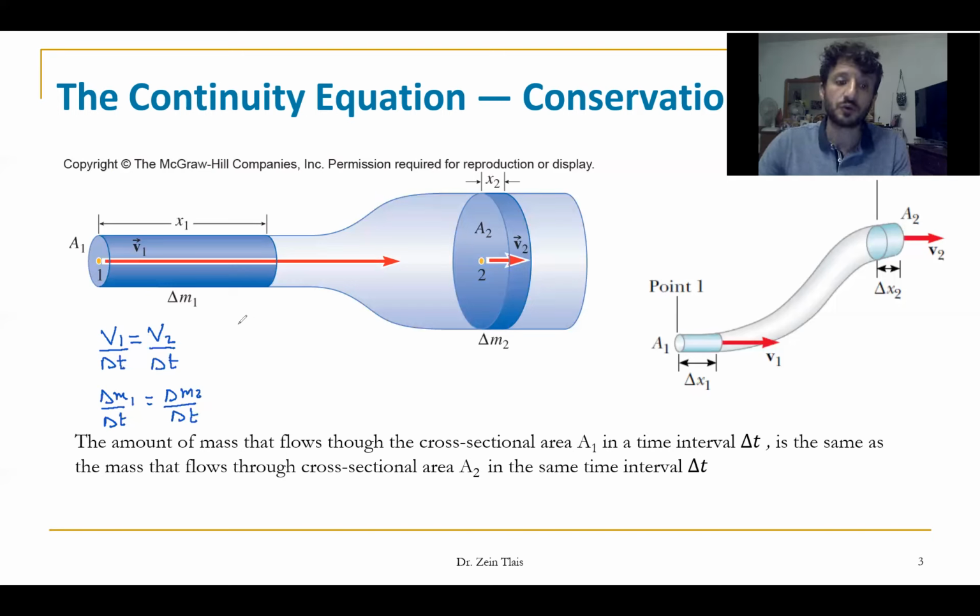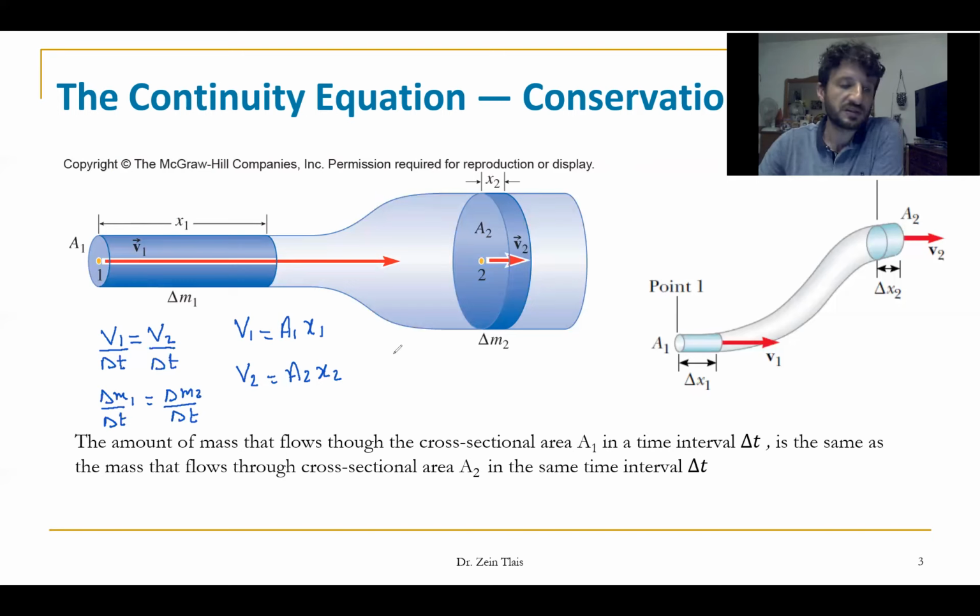Okay, you know that V1 equals, we have a cylindrical volume, equals the cross section A1 times the length of the cylinder x1, and V2 equals A2 times x2.